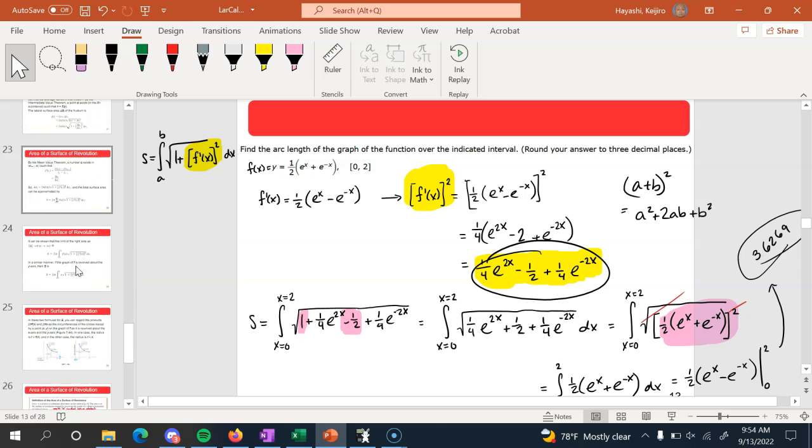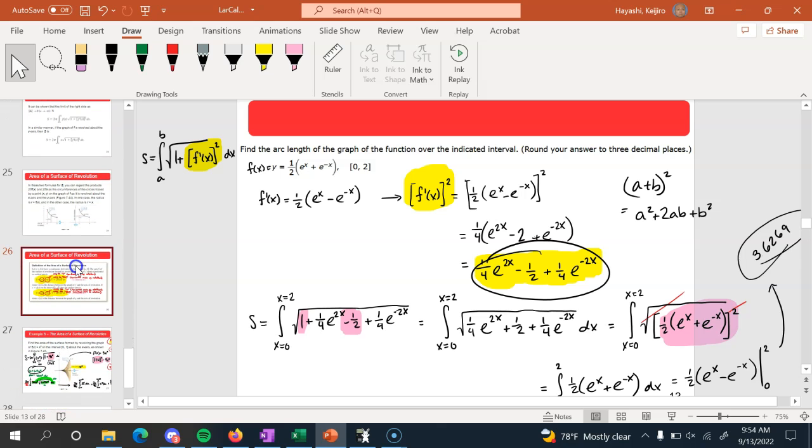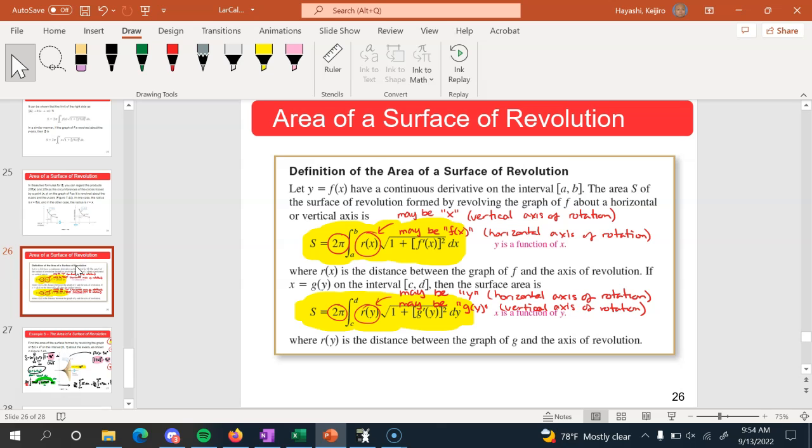For surfaces of revolution, you're not going to have to do that because there is this extra bit on the outside. It might simply be the variable you're using, or it might be the curve you're actually talking about, and that's going to be based on whether it's a vertical axis of rotation or a horizontal axis of rotation.